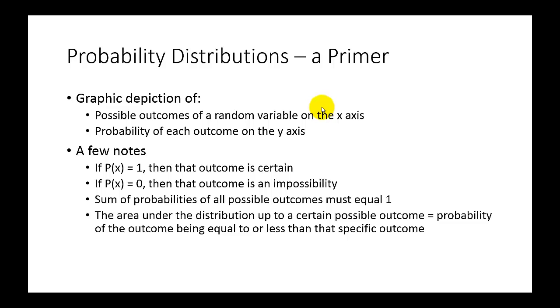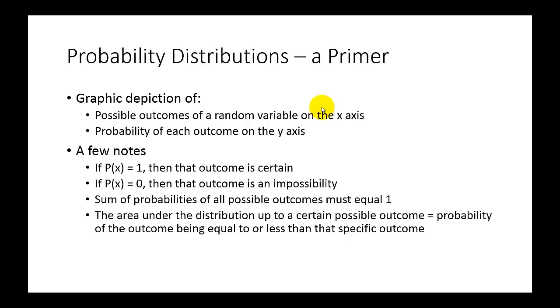It cannot happen. A few other notes: if you add the probabilities of all of the possible outcomes, they have to add up to 1. Also, the area under the graph up to a certain possible outcome represents the probability of the outcome being equal to or less than that specific outcome.